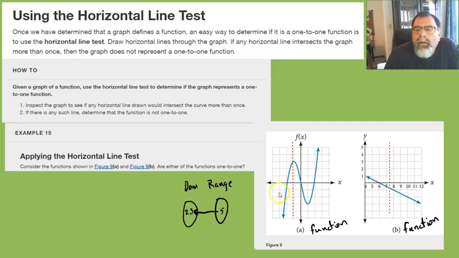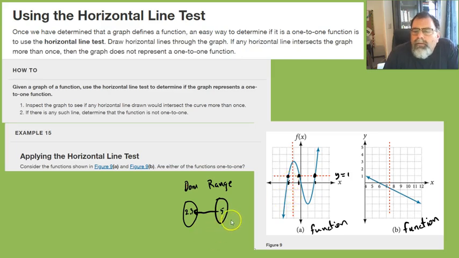Okay, but now, to be one-to-one, every y has to have exactly one x. But look at this horizontal line. Right here, if y is 1, you see we got 1, 2, 3 x values.